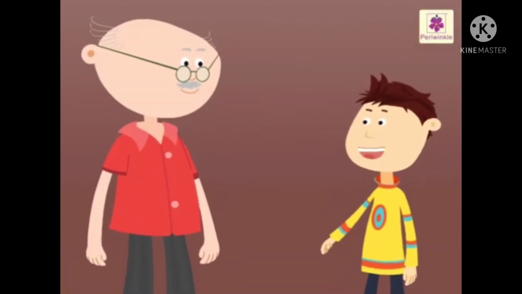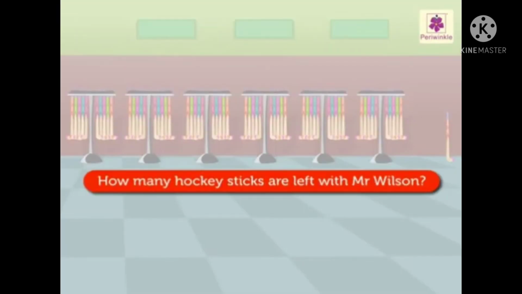Peter bought 12 hockey sticks. How many hockey sticks are left with Mr. Wilson? Now, as you know, instead of counting the hockey sticks, we can directly subtract the numbers 61 and 12. Let's look at the process of subtraction of these numbers.